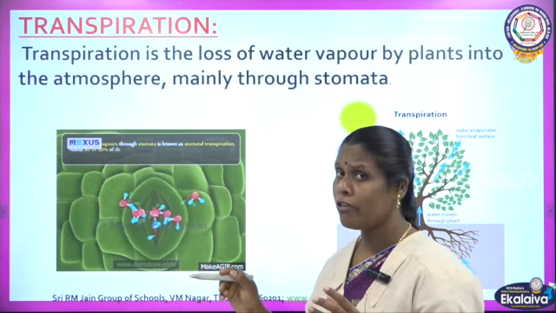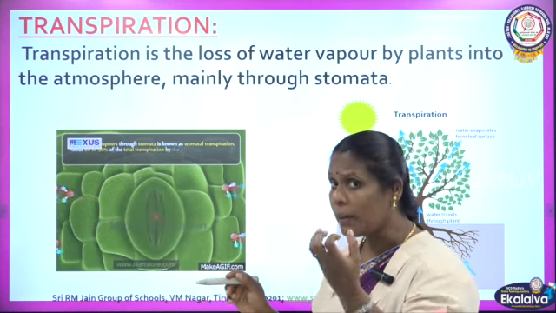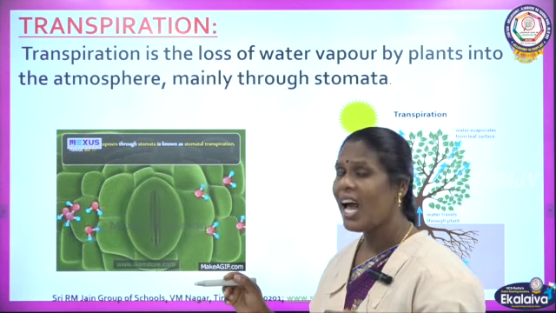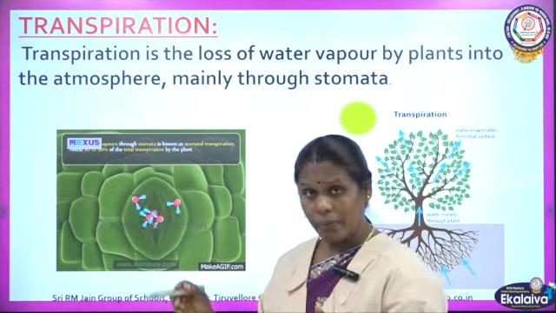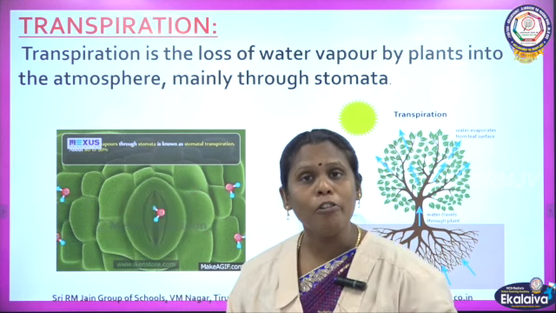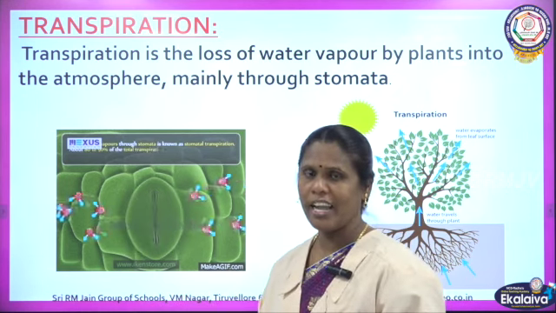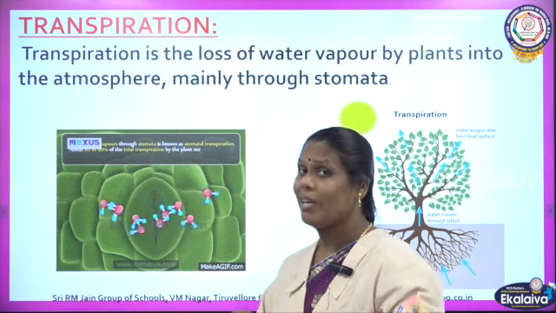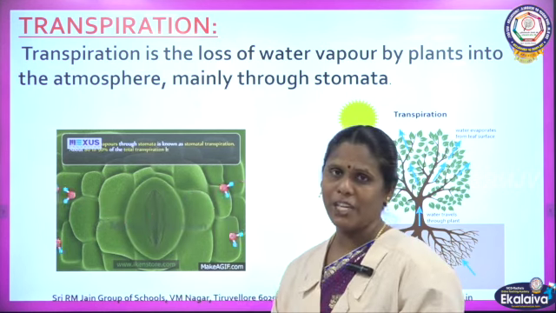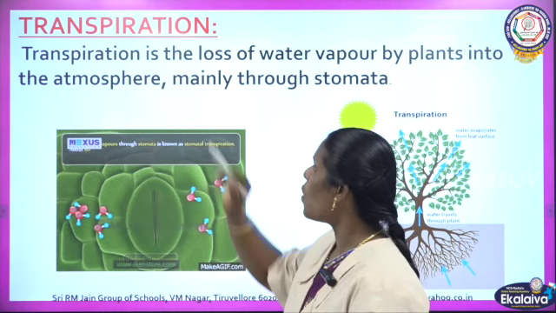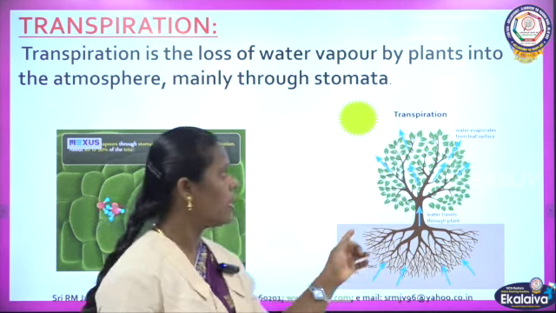During photosynthesis, it absorbs the carbon dioxide and releases the oxygen. At that time, it absorbs water from the root. At the same time, it loses water through the leaves. That process is called transpiration.